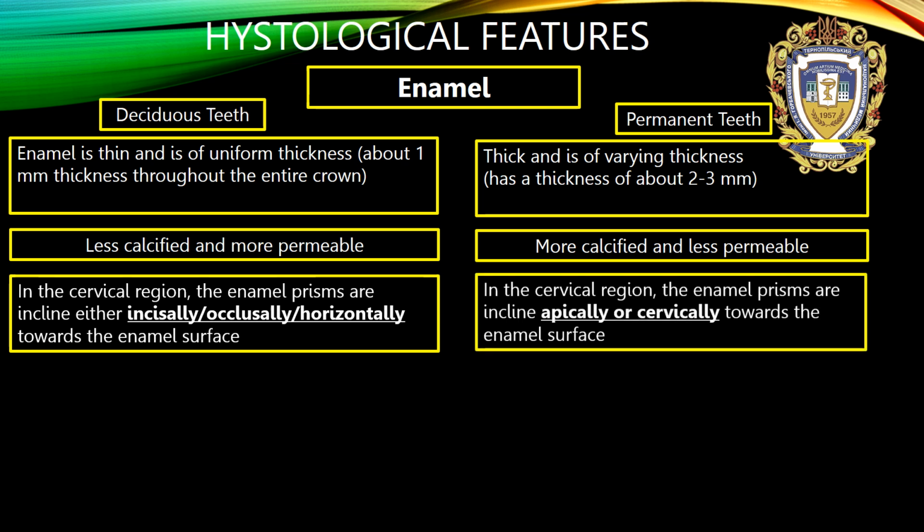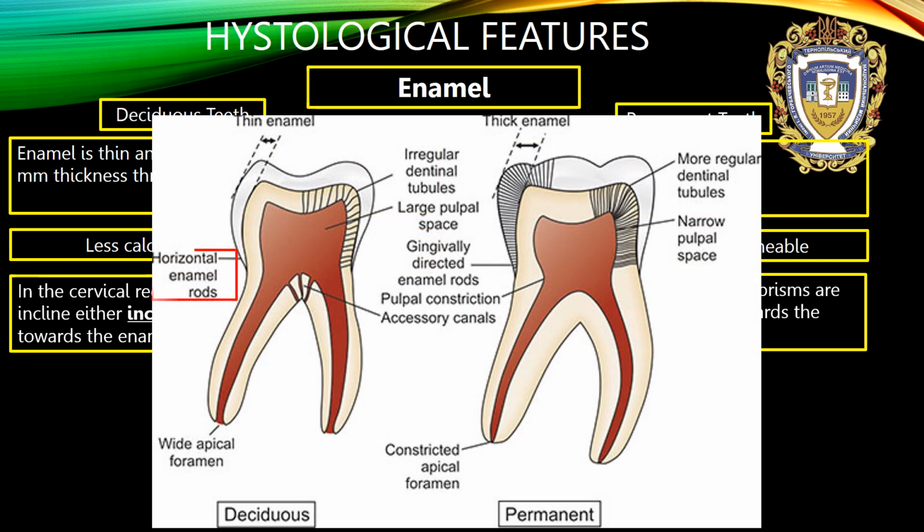In the cervical region of permanent teeth, the enamel prisms are inclined apically or cervically towards the enamel surface. Schematically, it looks like here. Horizontal enamel rods in temporary teeth and gingivally directed enamel rods in permanent teeth.